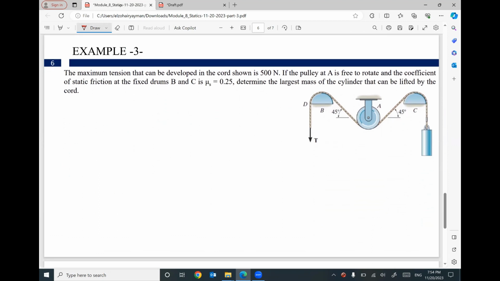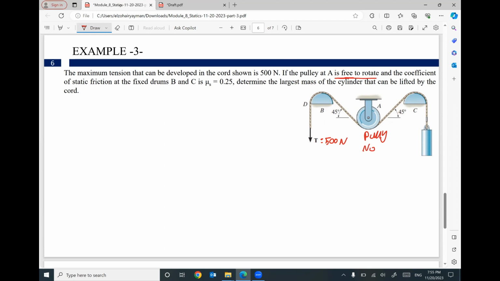We are applying a maximum tension force that developed in the cord equal to 500 Newton. And we have here a pulley, which is free to rotate.